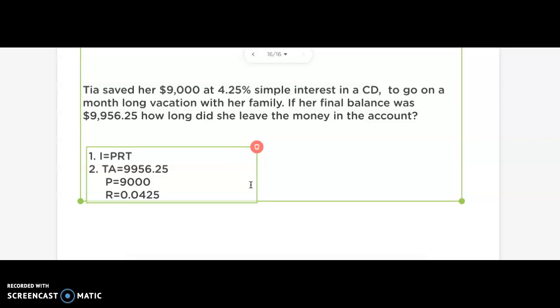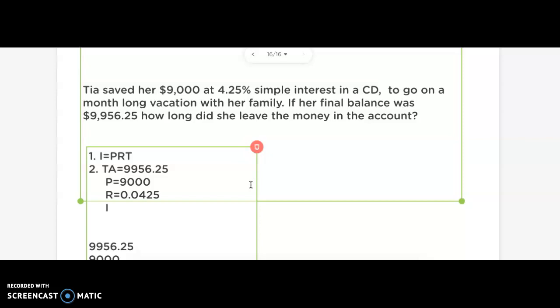Whenever they give you the total amount, not the interest, you have to subtract the principal from the total amount. So you're going to take the total and subtract 9,000, and that gives us 956.25.